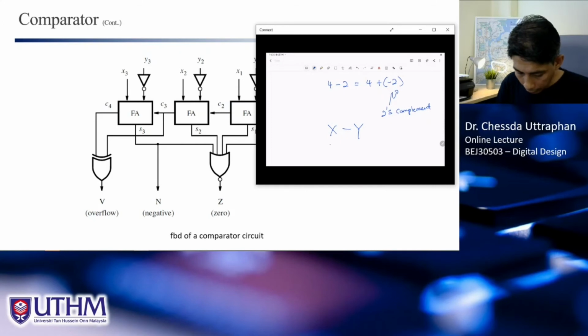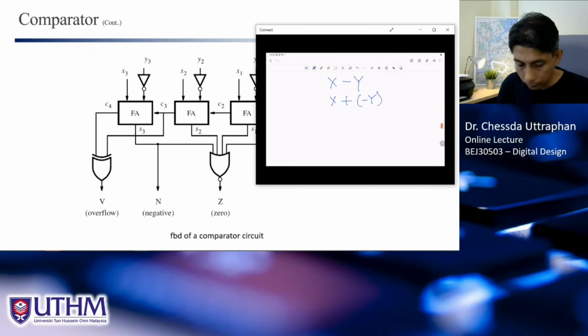So what we will do is, minus y is actually plus minus y. And minus y is the 2's complement of y. So how to get the 2's complement of y? What we do is take y's first complement, which is y bar, and we add 1.